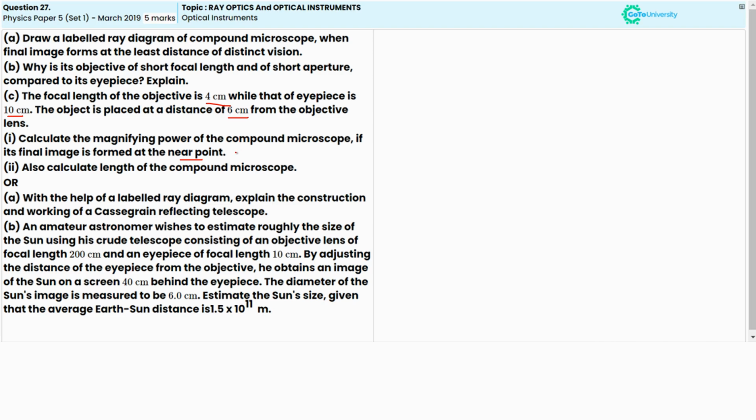First we need to find the magnifying power of the compound microscope. For the objective lens, u naught is equal to minus 6 cm. 1 upon f naught is equal to 1 upon v naught minus 1 upon u naught.